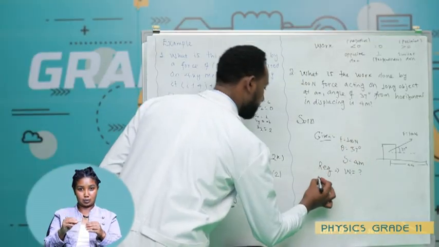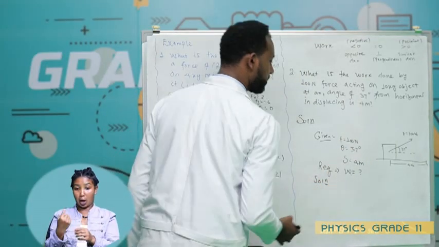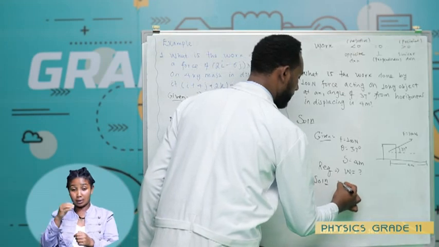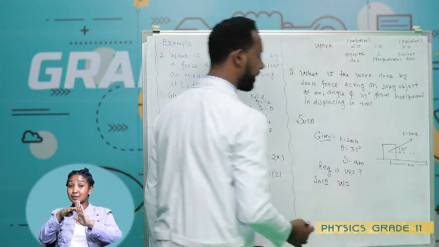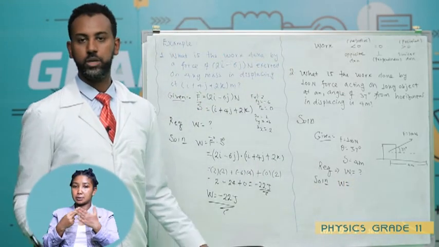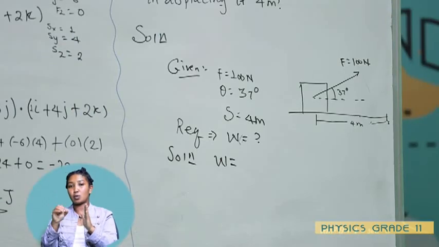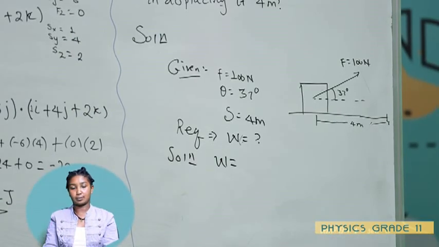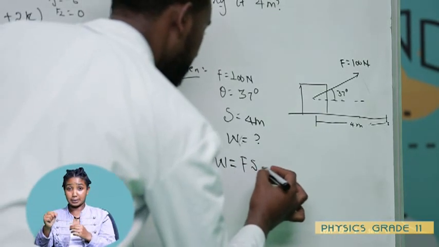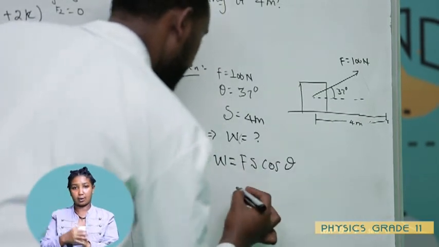Solution. We know that work can be represented as force times displacement times cosine of theta using magnitude, or it's also possible to use F dot S vectorially. Therefore, F times S times cosine of theta.